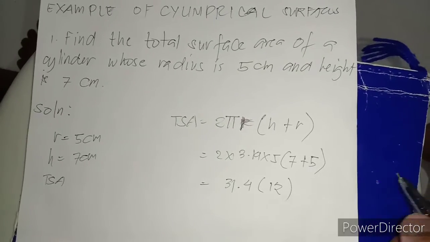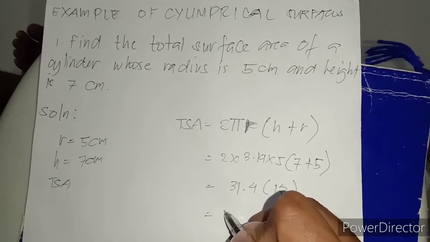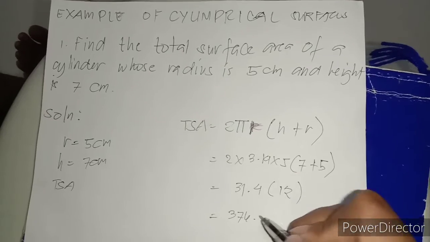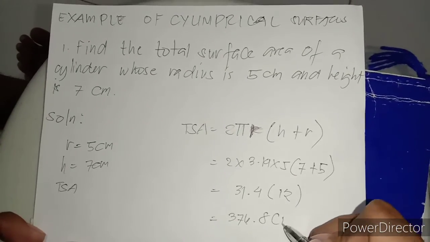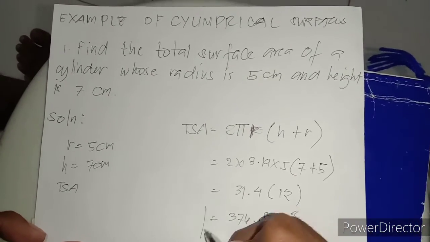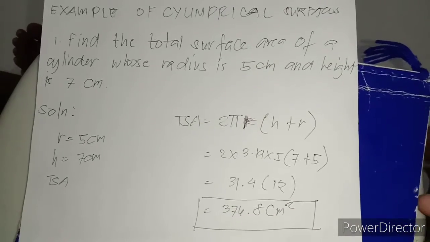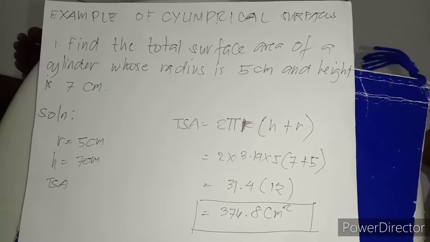So 31.4 times 12 is equal to 376.8 centimeter squared. So this is the total surface area of the cylinder.